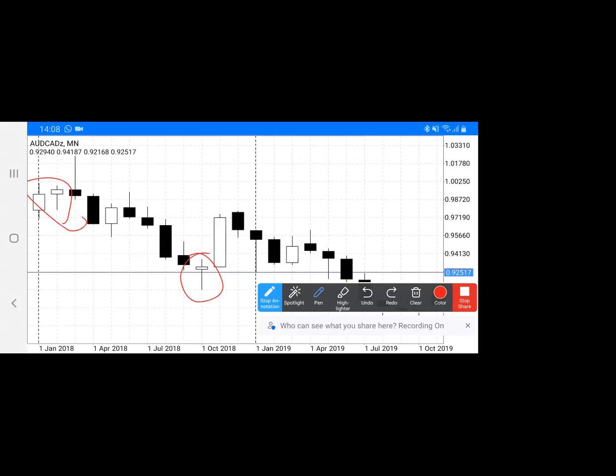What that tells us is that, maybe not the entire next candle, but let's look at this one first. We've got the hammer, we can see that price is now going up. Look, price has gone up this high during the month, right? So this is 2018. I'm not going to be able to show you the daily chart, unfortunately, because MetaTrader 4 doesn't go back that far on the daily chart.